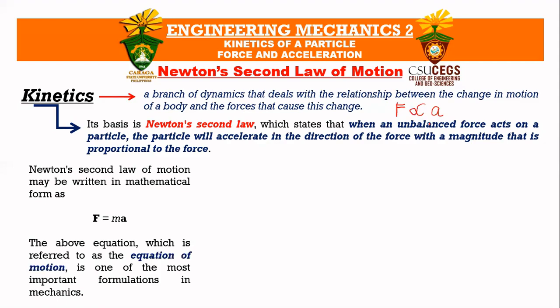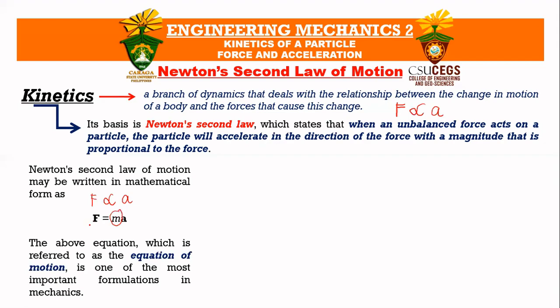Newton's second law of motion can be written in mathematical form as F = ma. So that's why we have the basic statement where the force is directly proportional to the acceleration, where the constant here is the mass of the particle.